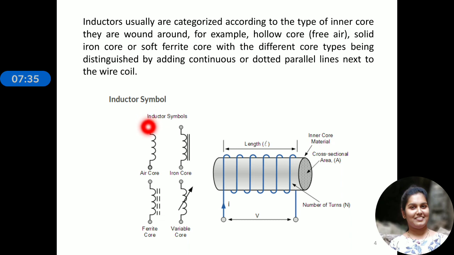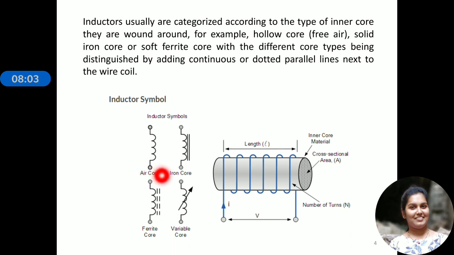In a simple construction, based upon the core, inductors can be of four basic types. When we have no core, we call it an air core inductor, also called hollow core or free air.